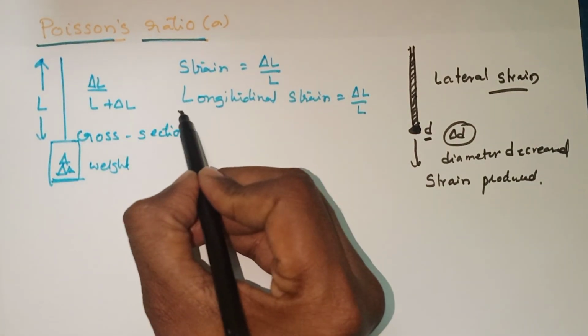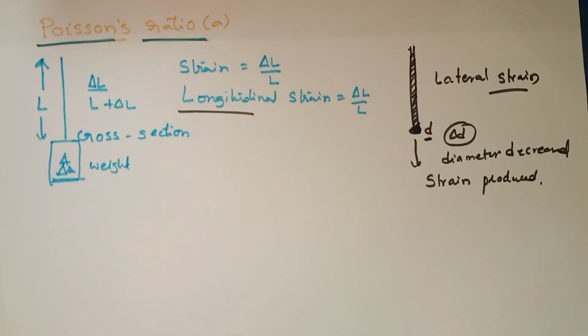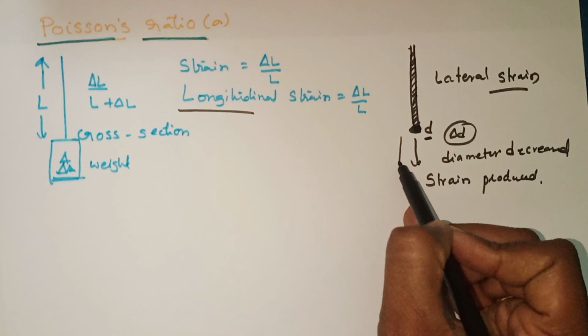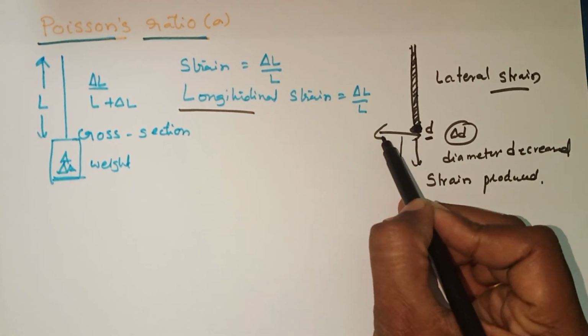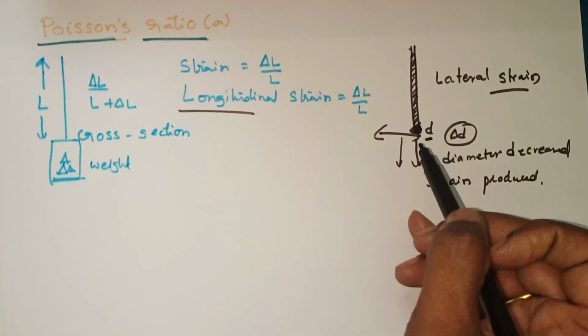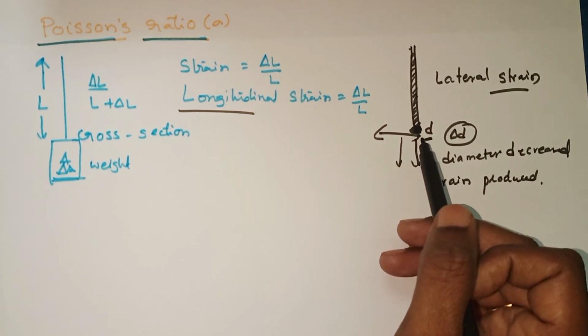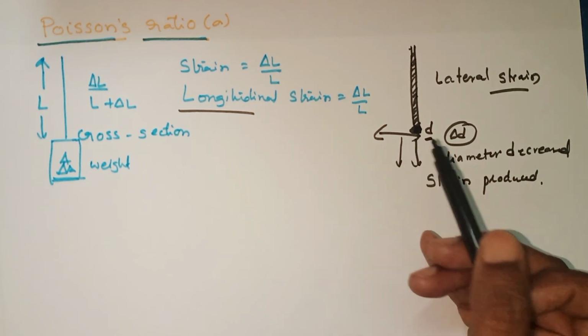This along its length is the longitudinal strain. The lateral strain is produced perpendicular to the force. Force is applied here, and the strain is produced perpendicular to the force applied, or the weight hung to the rope or whatever the wire. Right?